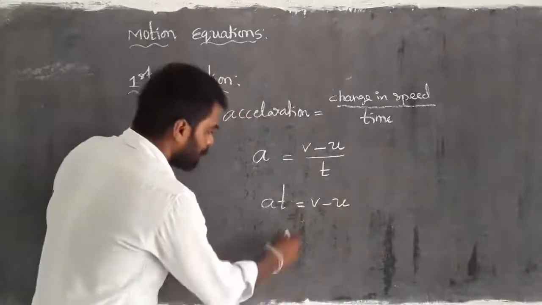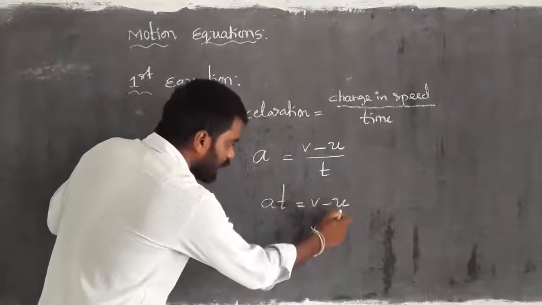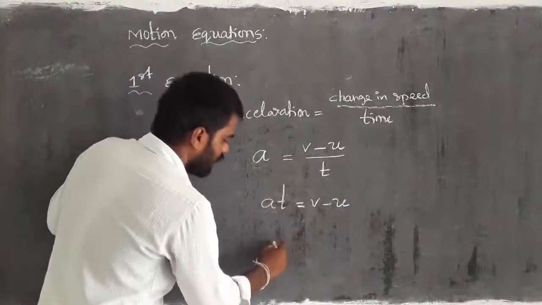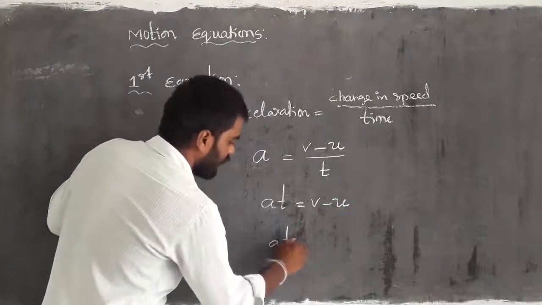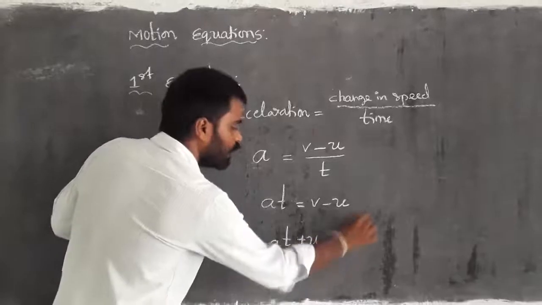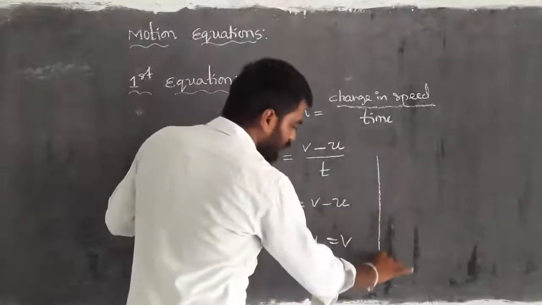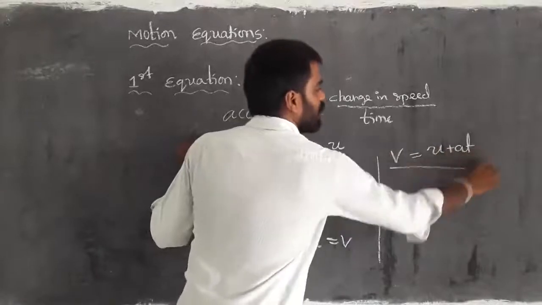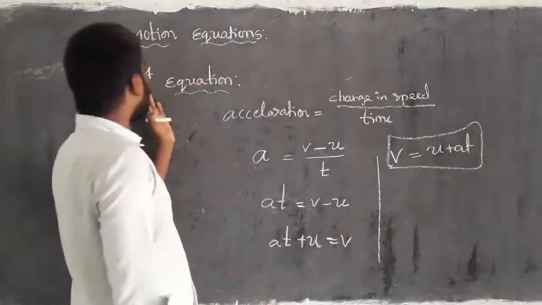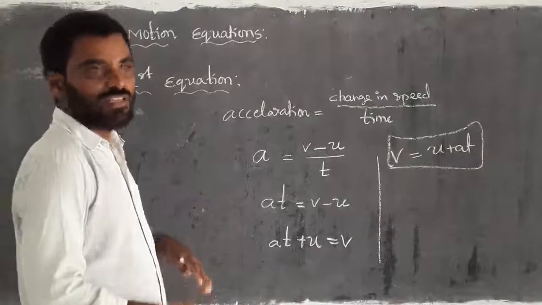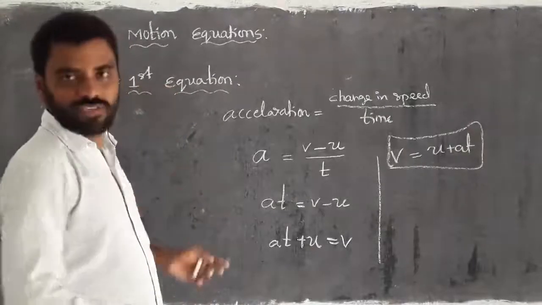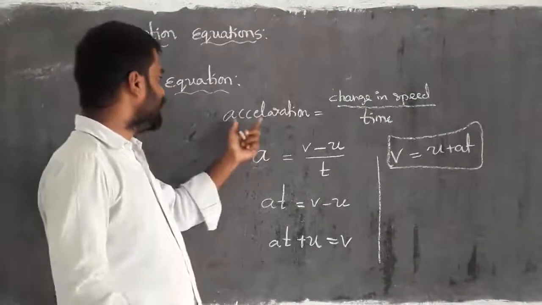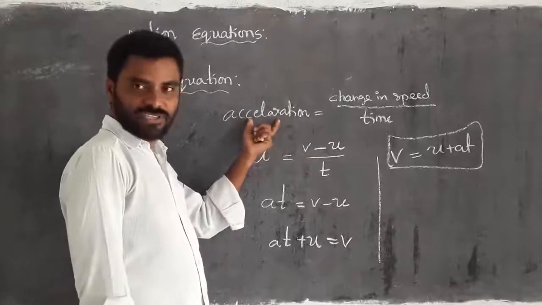Then simply take this u to the left side, and ultimately we can write: at plus u is equal to v. That we simply call v is equal to u plus at. So what is the use of the kinematics equation? The first equation is simply derived from acceleration.